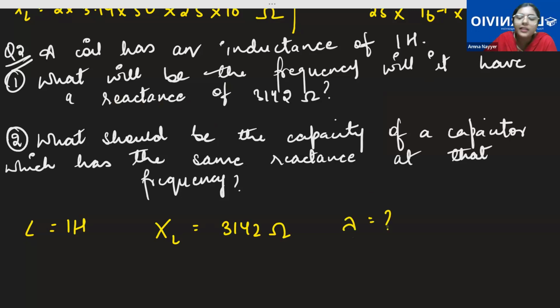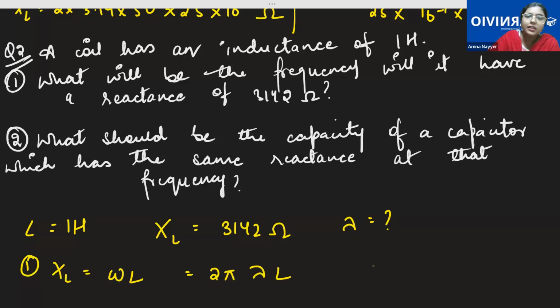Frequency, when it says so, means linear frequency, because for angular frequency you have to specify. Whenever nothing is written, it is by default the linear one, like displacement. When angular displacement is meant, it specifies angular displacement. So there is one formula for XL, that is omega L, and omega is equal to 2 pi nu.